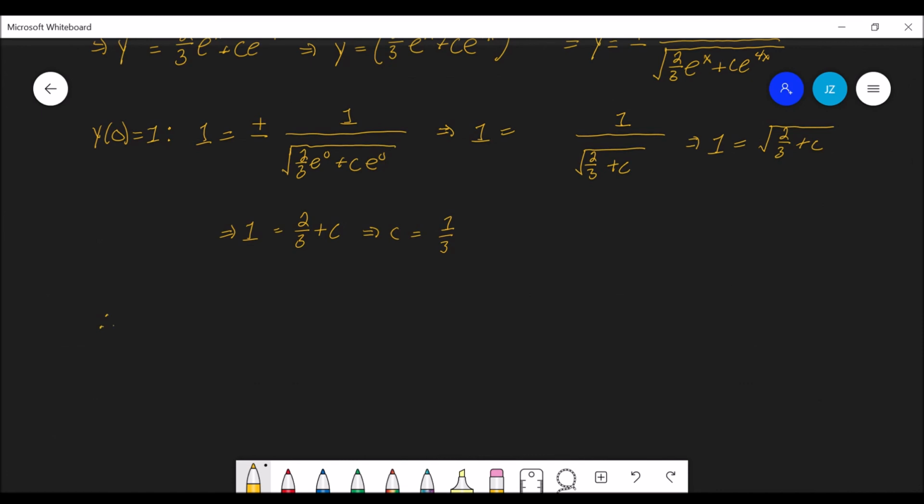So our particular solution is plus or minus 1 over the square root of 2/3 e to the x plus a third e to the 4x.